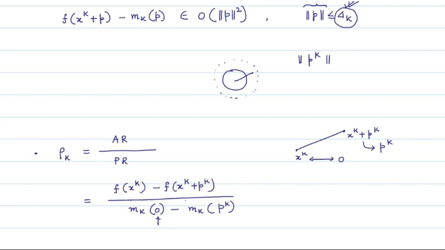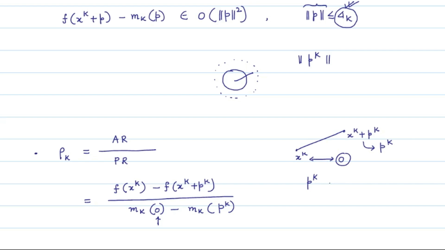We notice that this pk, the trust region step, is identified by minimizing the model function inside the whole trust region Δk, and inside this trust region the origin is already at the center.